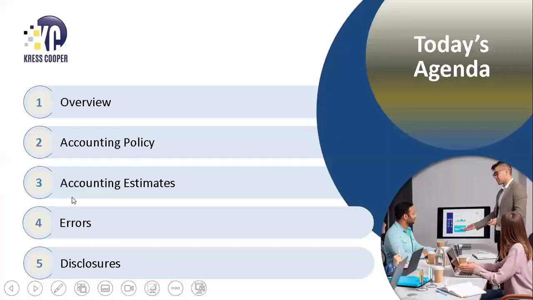So what today we will be discussing is the overview of the standard. This is in fact IAS 8. And what is accounting policy, how accounting policy and accounting estimates are considered different, or when a change in accounting policy happens and a change in accounting estimates takes place, how those are accounted for.